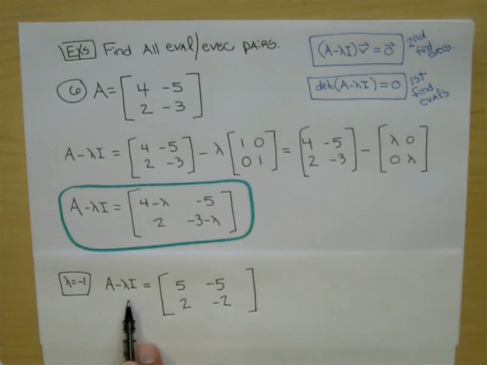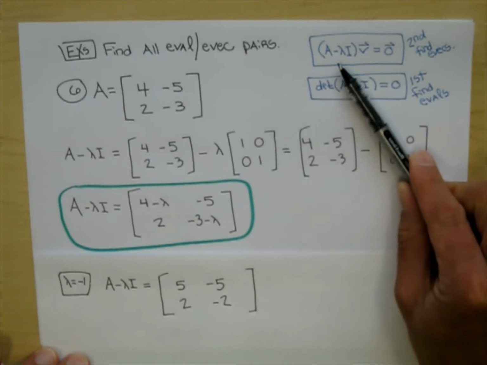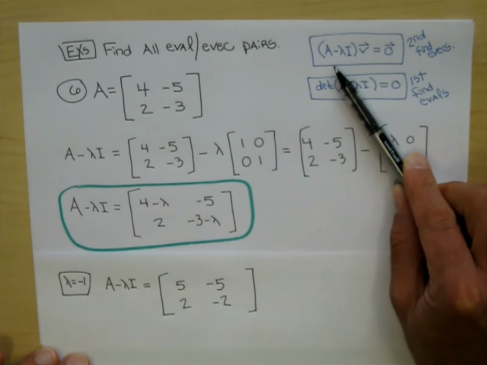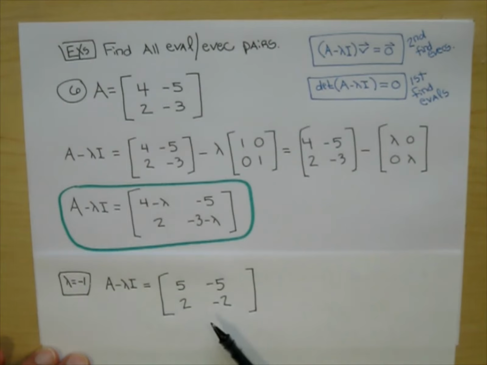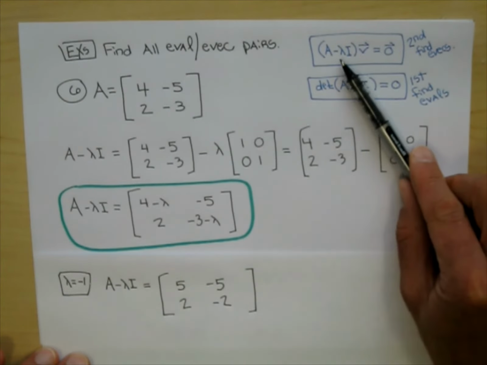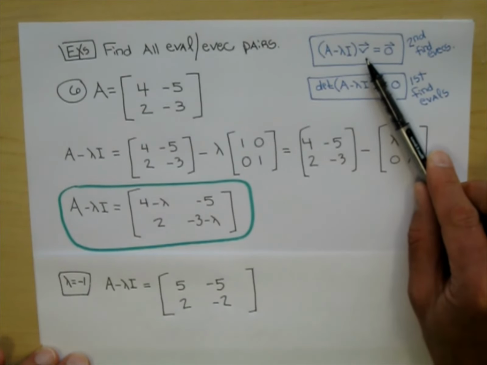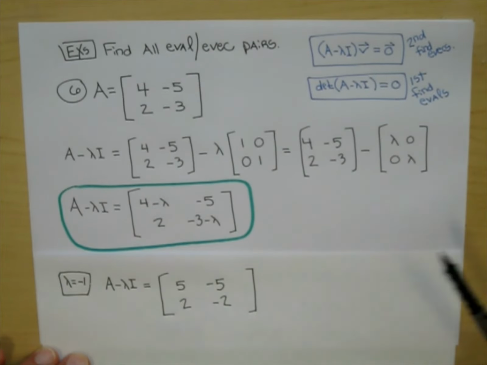So there's A minus lambda I. What am I supposed to do with A minus lambda I? Now, I didn't use this word, but I'm going to use it now. I am to find the null space of this matrix. Isn't the null space when you say Ax equals 0? I mean, that's kind of what I have here.